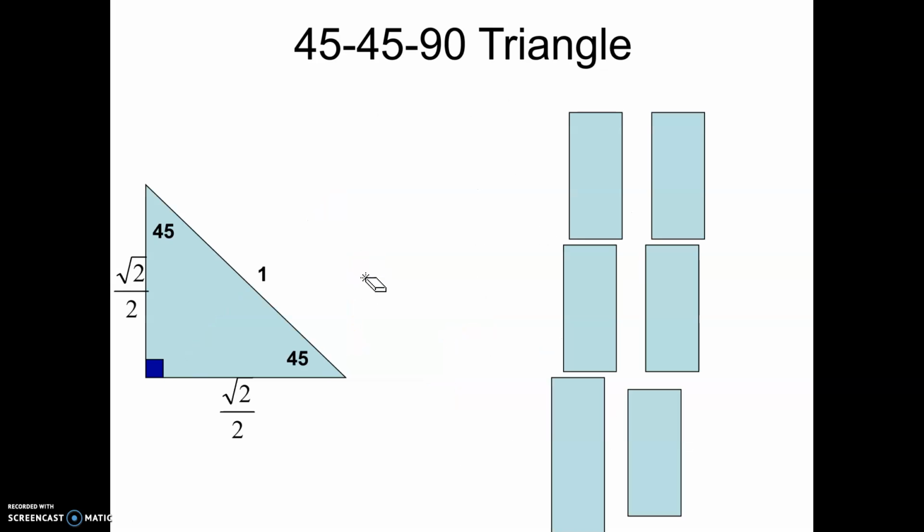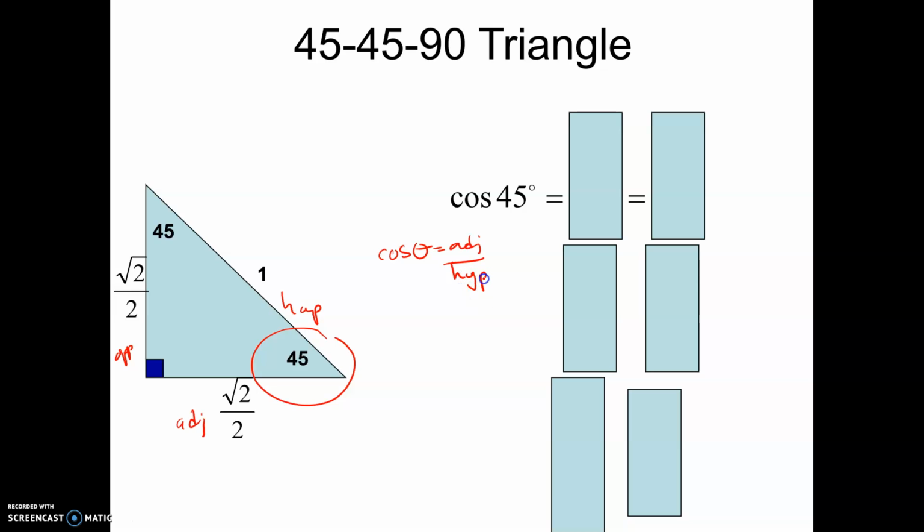Okay, so let's go and write out the values using our 3 basic trig ratios. So cosine of 45, you know that cosine is adjacent over hypotenuse. I just have to pick one angle, so I'm going to pick this one, and this is adjacent, this is opposite this angle, and this is hypotenuse. So cosine of theta is equal to adjacent over hypotenuse.